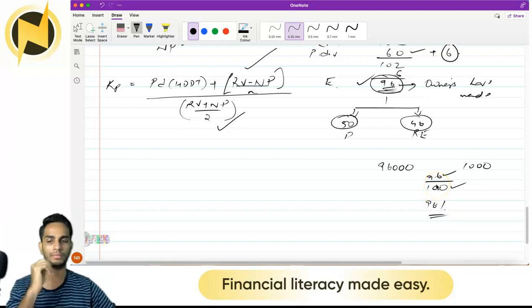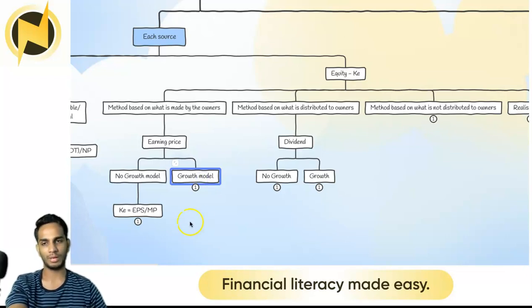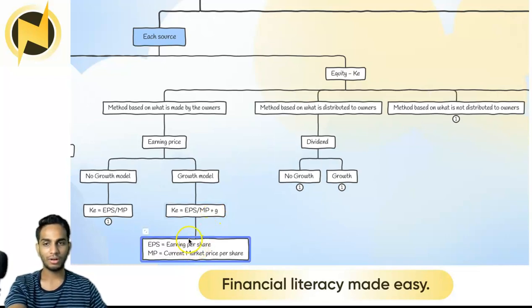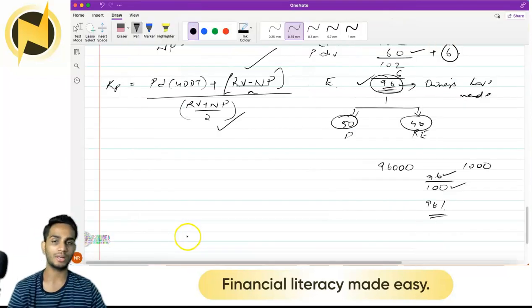That's the no growth model. If it had been a growth model, something additional will come to the formula. EPS divided by MP will be there, but then you'll add plus G. G stands for growth rate.